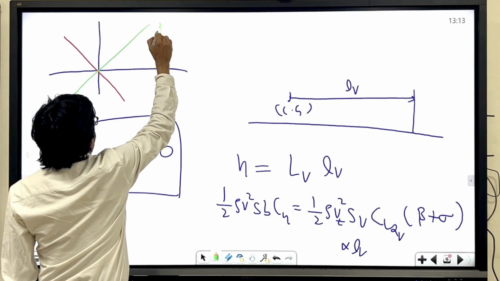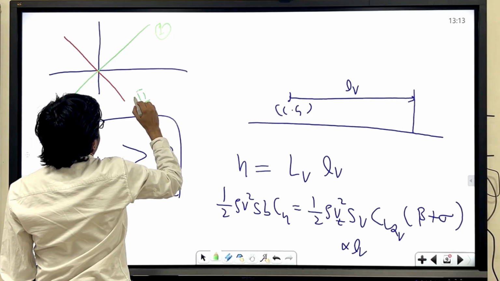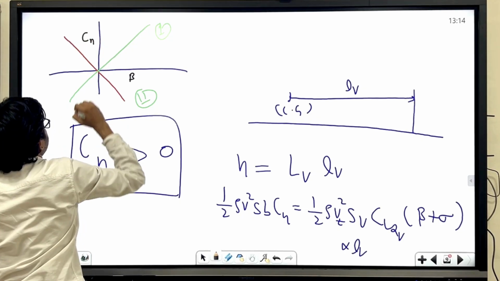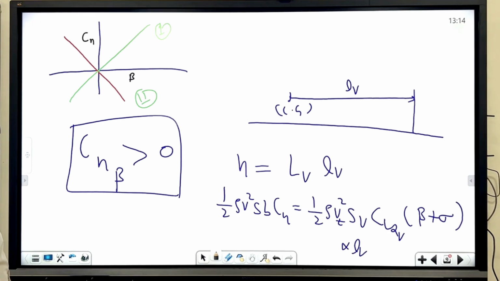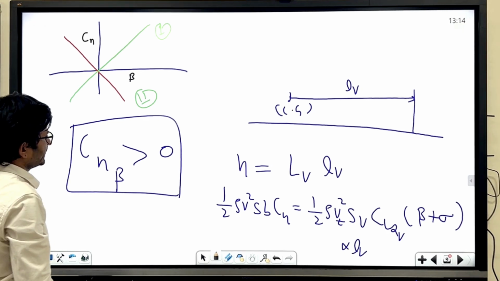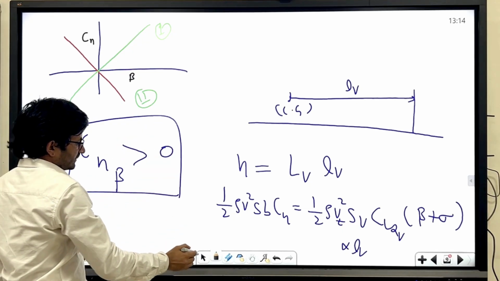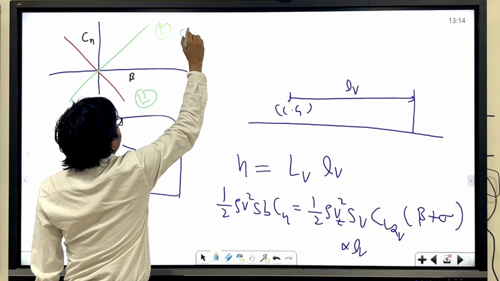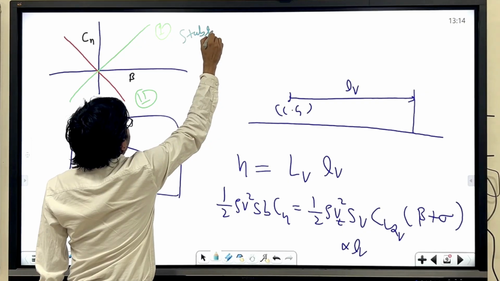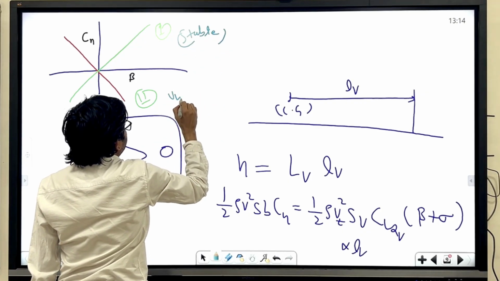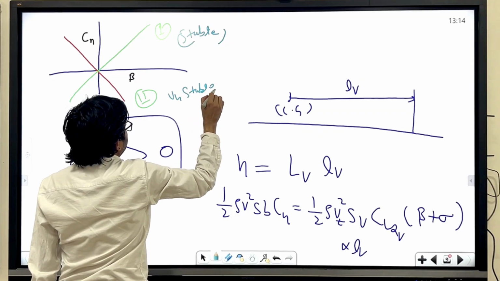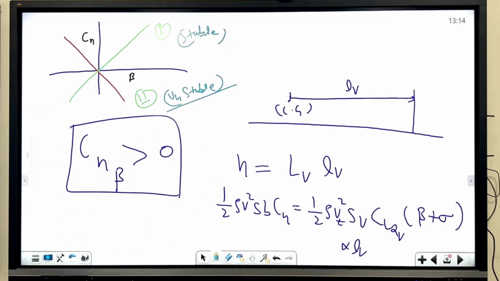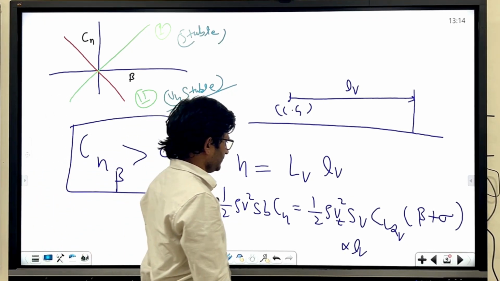This is the first case, this is the second case, with beta on one axis and Cn on the other. Which case is positive, which is stable and which is unstable? The first one is stable, the second one is unstable, and we have proved the same also.